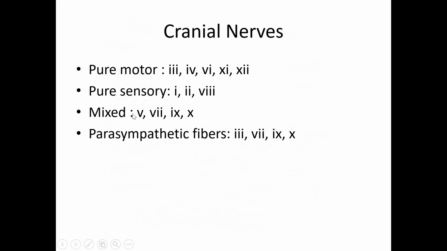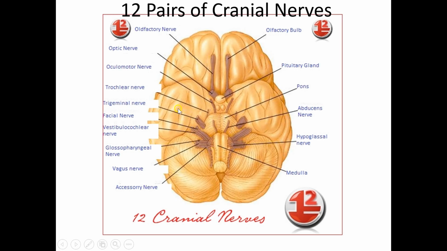What are the mixed cranial nerves? Meaning having motor and sensory components. Fifth, trigeminal nerve, facial nerve, seventh, ninth, glossopharyngeal nerve, and vagus nerve. They are mixed nerves. So the fifth, this trigeminal nerve, has sensory and motor components. This facial nerve, seventh, also has sensory and motor components along with parasympathetic components.